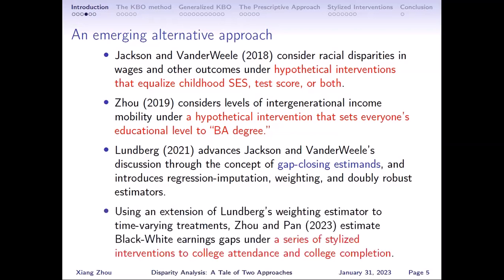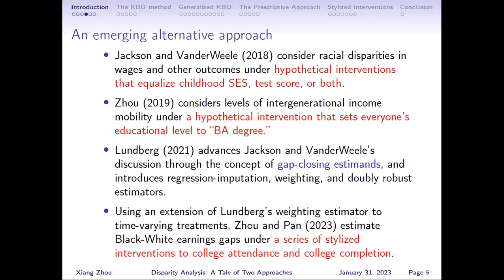And more recently, with a student at Oxford, we wrote a paper using an extension of Lundberg's weighting estimators to time-varying treatment and estimated black-white earnings gaps under a series of stylized interventions to both college attendance and college completion. So basically we treated attendance and completion sequentially and see how different kinds of race-conscious and race-blind interventions can help reduce the racial earnings gap.